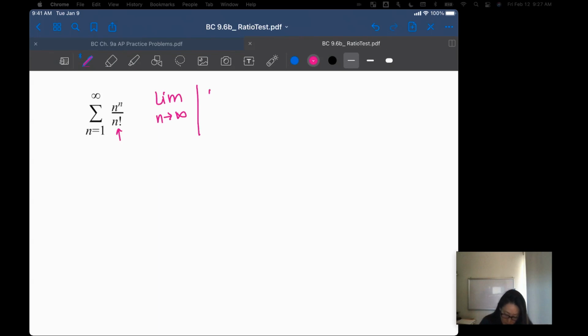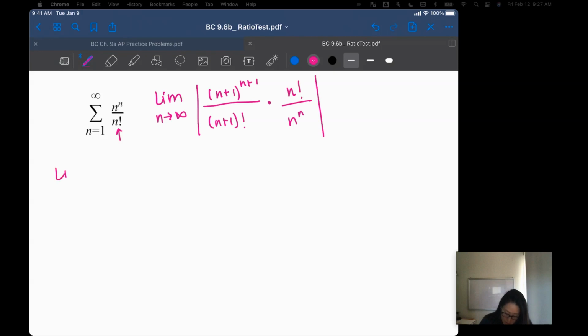So I have the next term, (n plus 1) to the n plus 1 over (n plus 1) factorial, times the reciprocal of a sub n, so n factorial over n to the n.